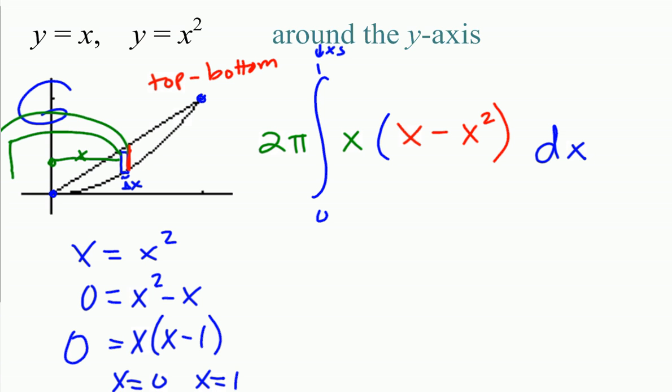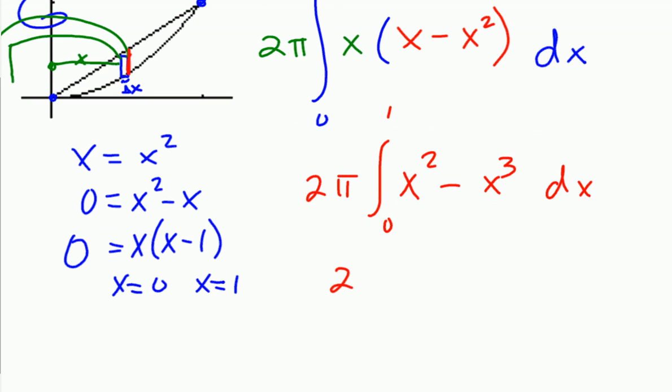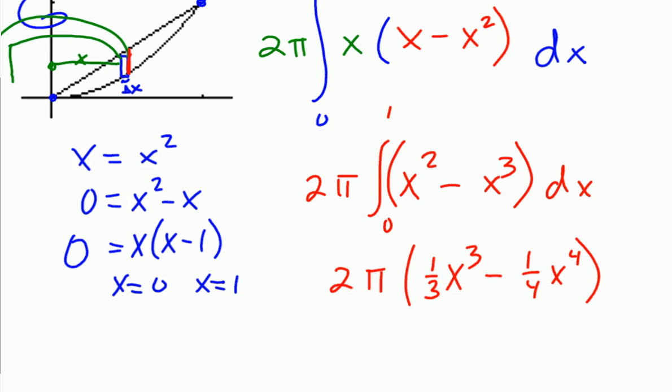Again, you can go ahead and integrate this by hand. And if you were going to do that, x squared minus x cubed, and then do your power rule, 2 pi (I should have parentheses around that) times 1/3 x cubed minus 1/4 x to the 4th, evaluated from 0 to 1. Plug it in.